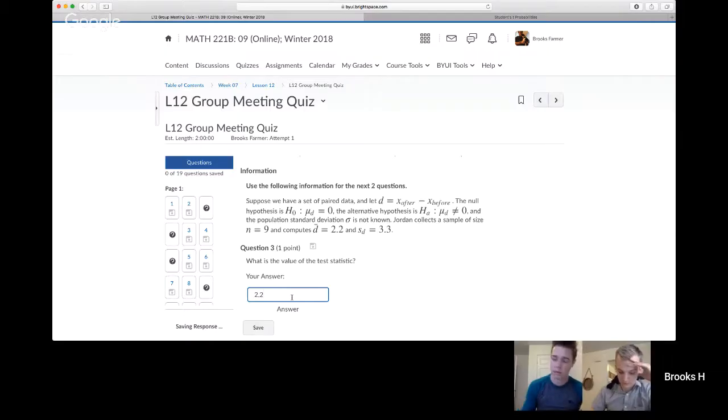So it would be 2.2 minus 0 over 3.3 divided by the square root of 9. Exactly. Okay. And I'm getting 2. I'm getting 2 too. Let's try 2. And hopefully I will turn it in.